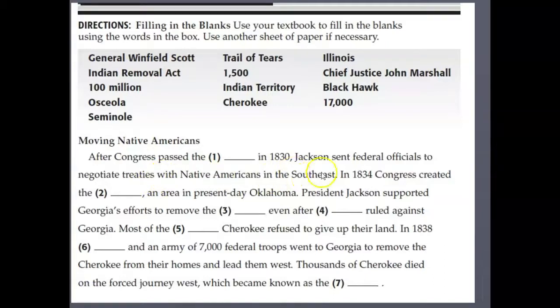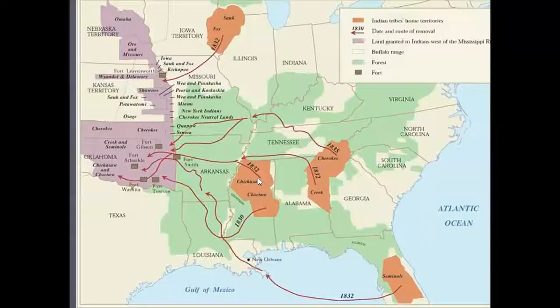So the next one, in 1834, Congress creates the Indian Territory in present-day Oklahoma. Let's take a look at a map. As you can see, we mentioned those five tribes that are right here and down here. And you can see that there are also numerous other tribes listed throughout here. Yes, Iowa is a state, but it's also a tribe. Omaha is a city, but it's also a tribe.